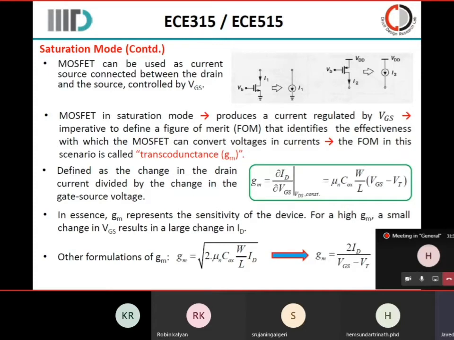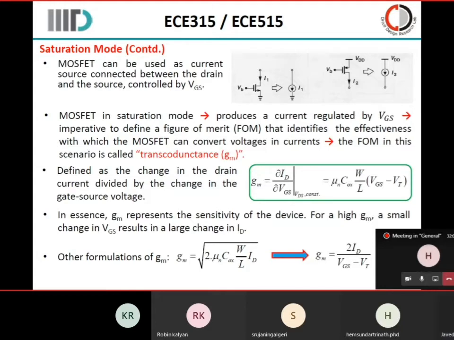So this is the transconductance, and it represents the sensitivity of the device. How sensitive the device is, and this is also directly proportional to the geometry and the voltage control that is present. So if you want a high Gm, a small change in VGS should result in a large change in ID.